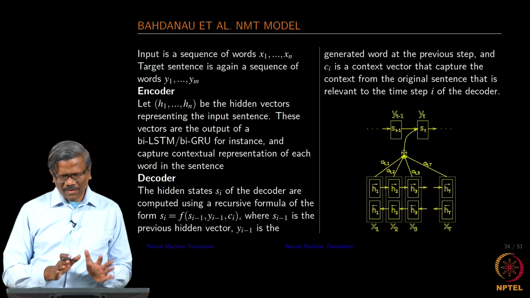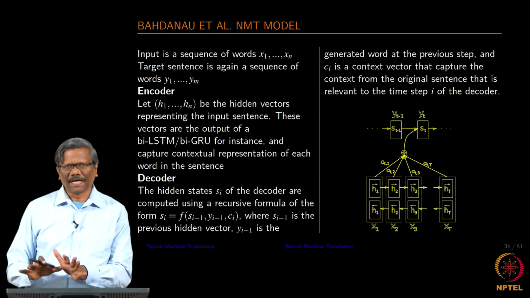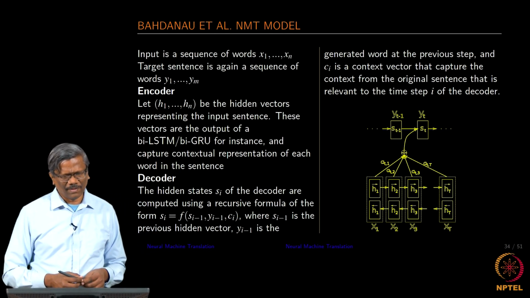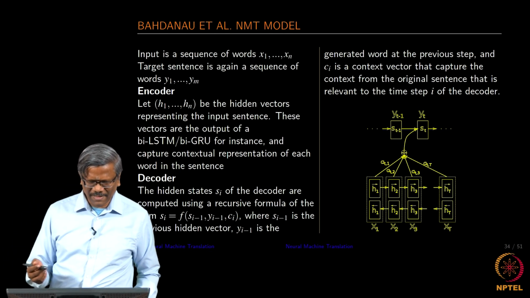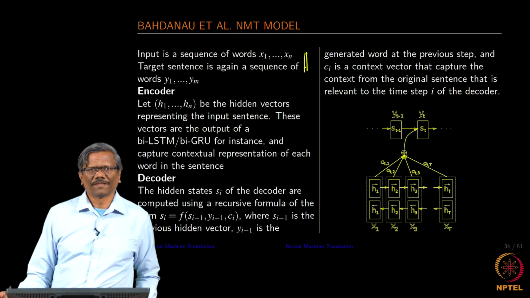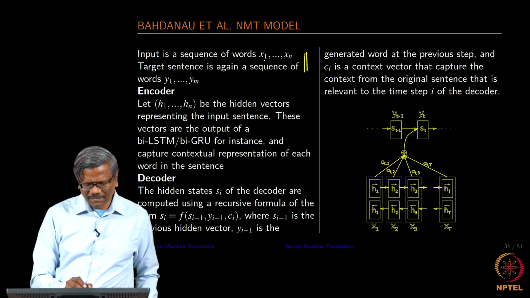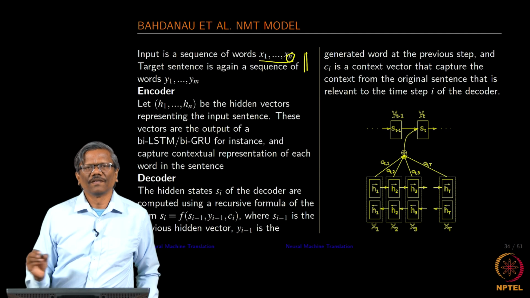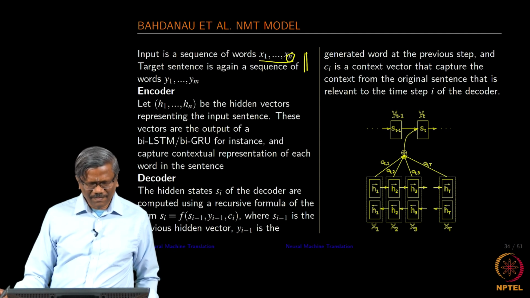So, let us look at this model at a very high level and then go into the details in the next slide. As we do in any model, let us define the fundamentals. The input is a sequence of words, and the size is given here, that is the length of the sentence.